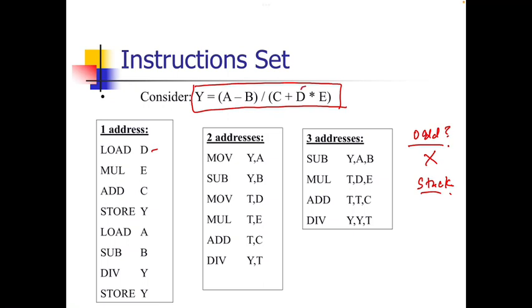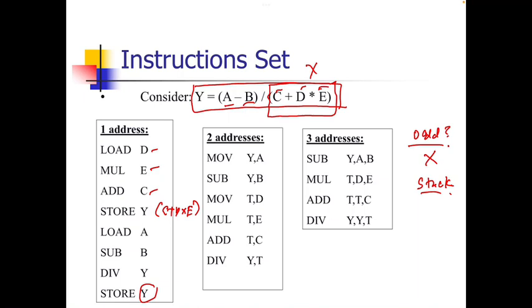Load D and then multiply with E. Then we add with C, and then we store in Y. So what we have here is stored in memory Y. Then we continue with load A, we subtract with B, and then we divide with what we have in Y. Y is C plus D multiplied with E, right? So we just store Y directly. This is where we use one address.